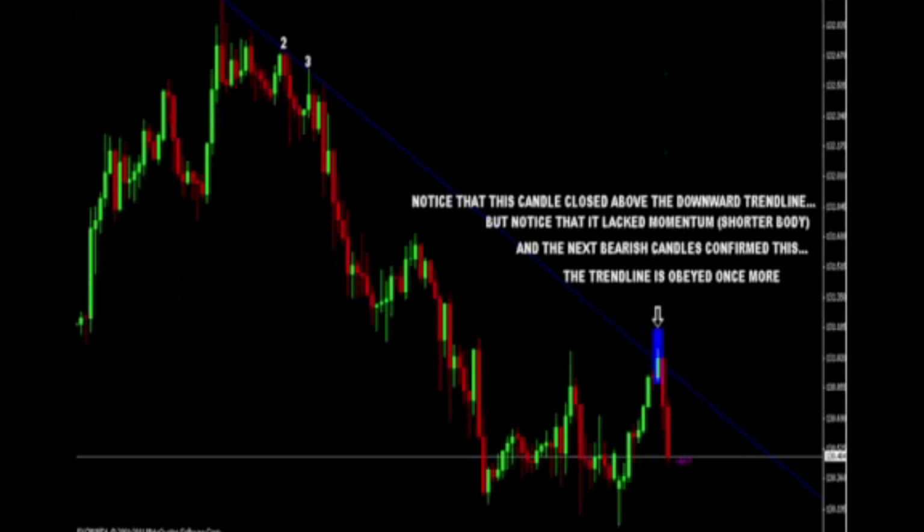We're just going to flip back a little bit to see the result of that. This is the exact result of that particular trade. So 1, 2, 3 over here, and afterwards the market dropped down heavily.